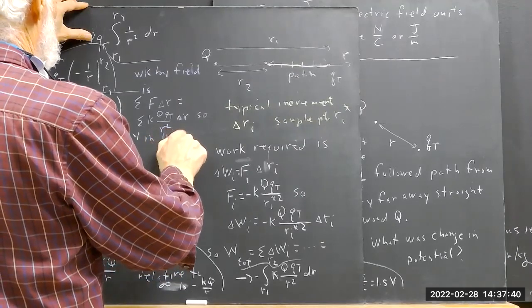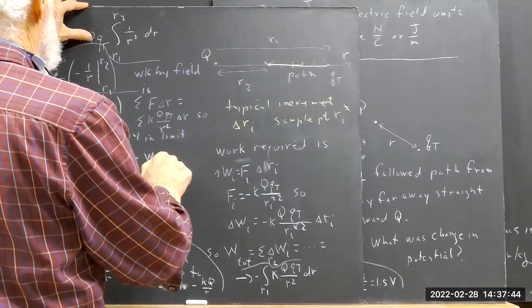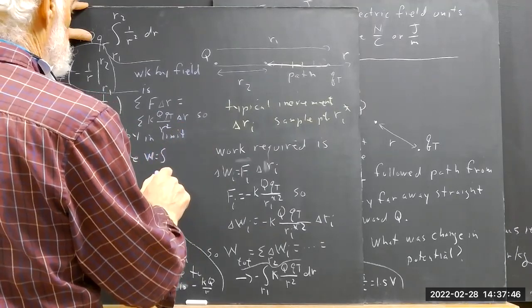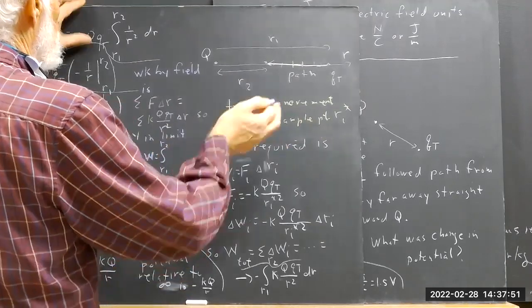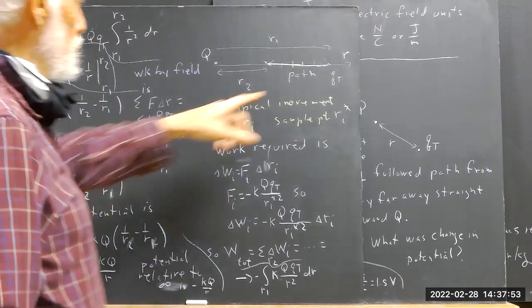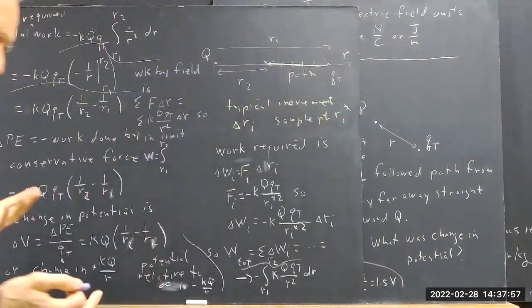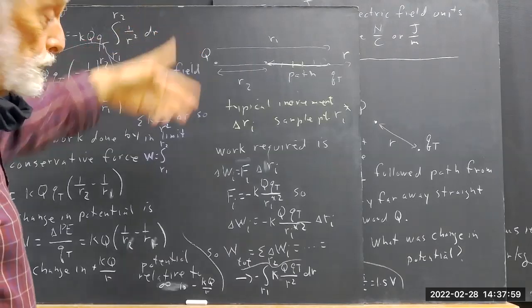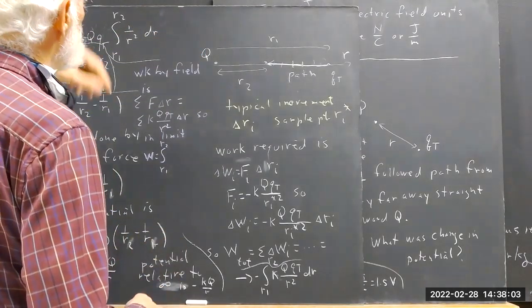So in the limit, the work is the integral from R1 to R2. Doesn't matter in what direction you're going. In this direction, we're really thinking of moving toward the charge Q, the source of the field. But that's not necessary.